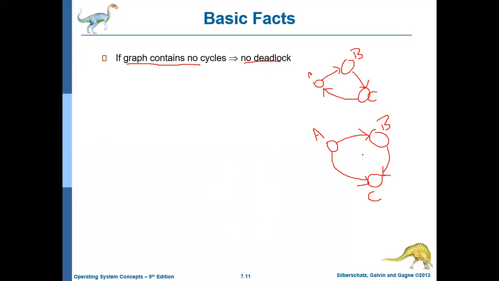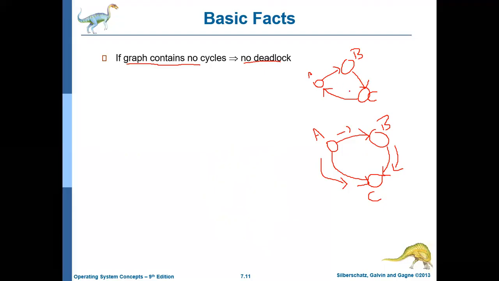So this is actually not a cycle, because if you go in this direction, A is pointing to B and B is pointing to C, but C is not pointing to A, so there is no cycle here. If you come this direction also, A is pointing to C, that's all, and C is not pointing to B or anything else. So this is not a cycle, whereas this is a cycle, okay.